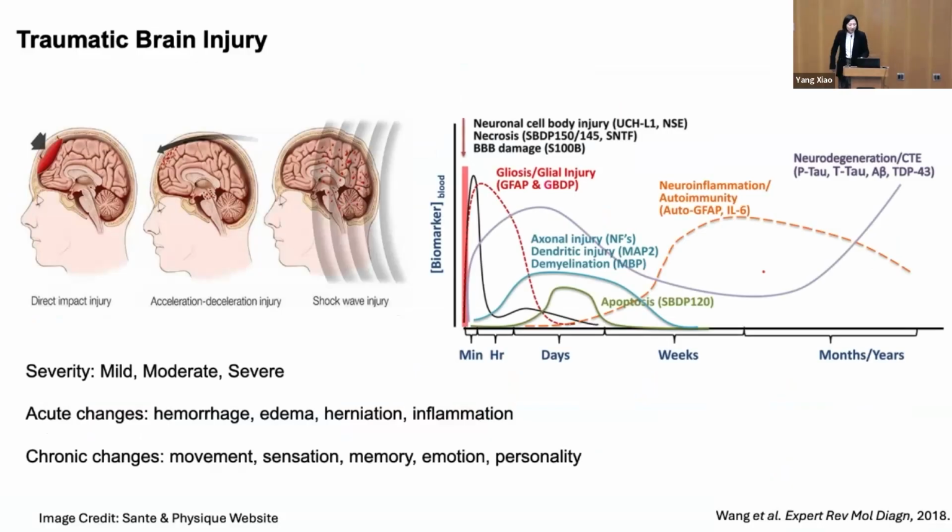In humans, there are three typical types of TBI: blunt injury, where a blunt force is exerted on the brain; rotational injury, like motorcyclists experience, with very quick acceleration, where the brain doesn't touch anything but there's a contusion between the brain and the skull; and also blast injury, like a shockwave blast on the battlefield.